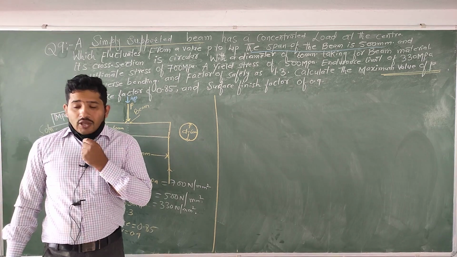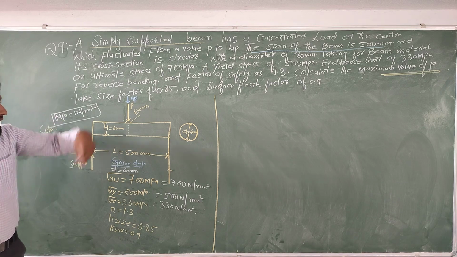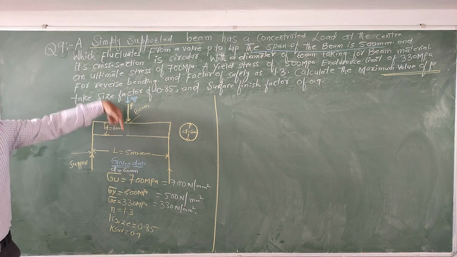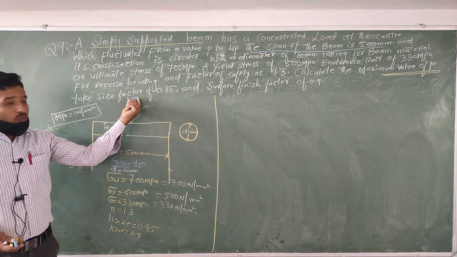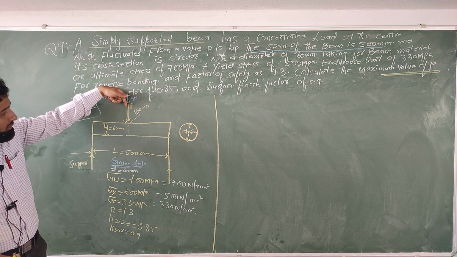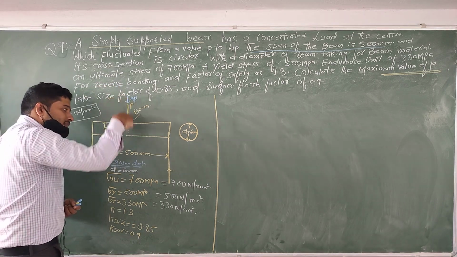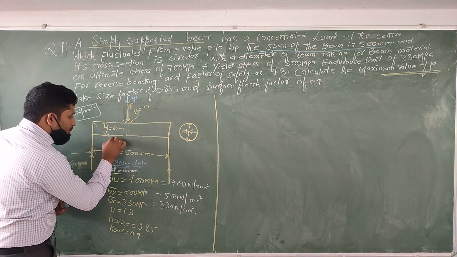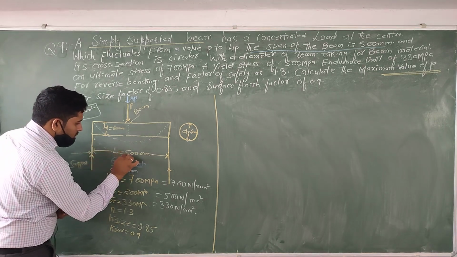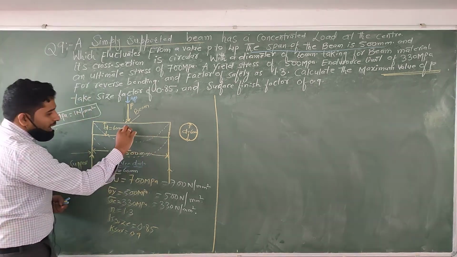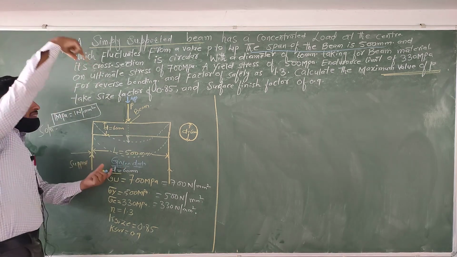The load is acting at the center, so the maximum bending moment corresponds to 4P and the minimum bending moment acting on this beam corresponds to P. If the load is acting at the center, the beam bends in a curvature and a deflection is formed.